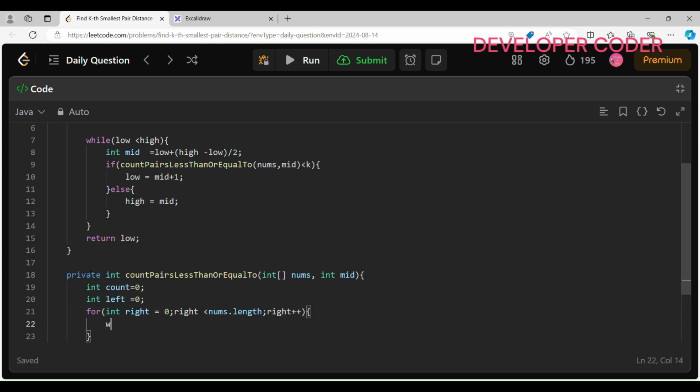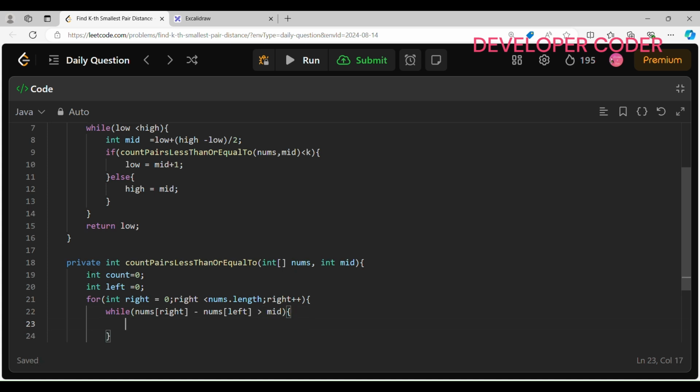Inside this I have to check while nums of right minus nums of left is greater than mid, then it is not a pair. We have to count the pairs now. If it is not a pair, then I have to increment my left now.